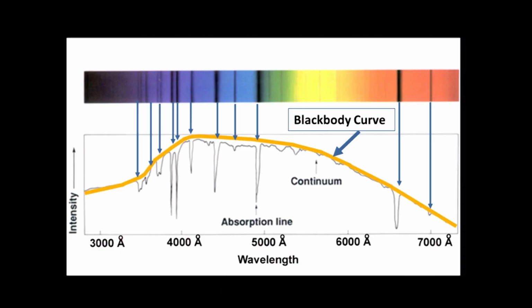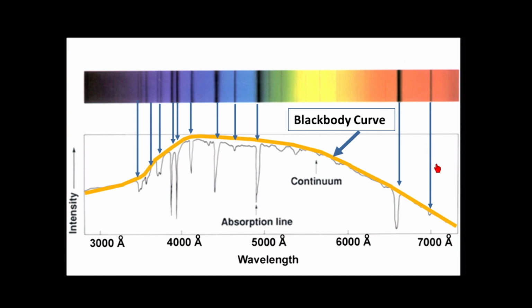Now, the final piece of this was when we actually put this into practice, when we do this for real, what we end up doing is we create graphs that represent these patterns. So what we saw was that in this case of an absorption line spectrum, you get the very colorful background with the dark lines. But what we really want is to make a graph of this picture.